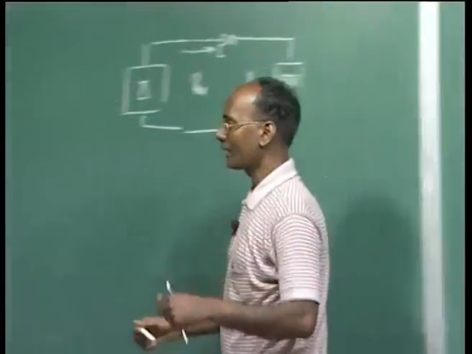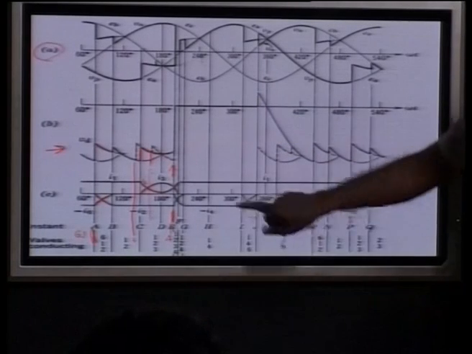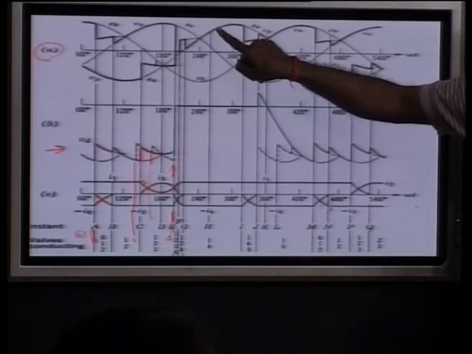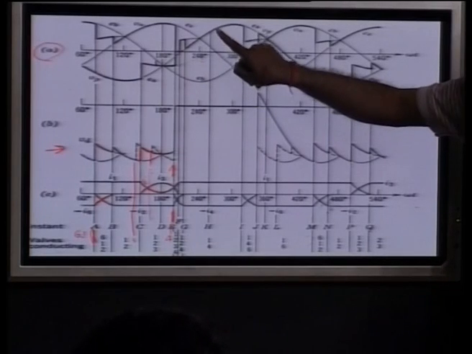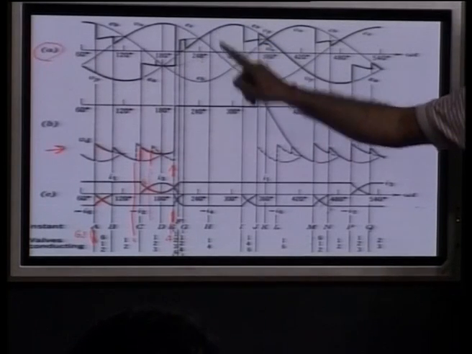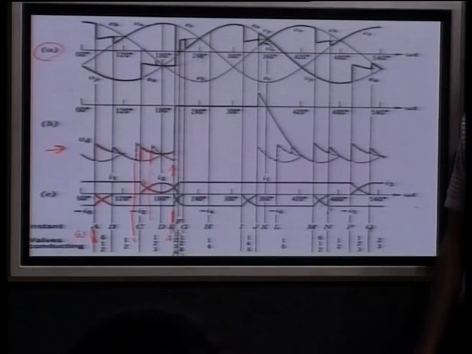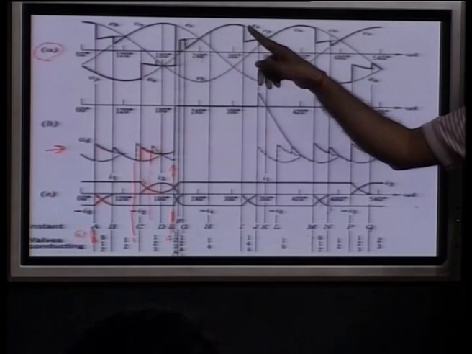Now you see what the voltage is at this point. Where is C? C minus this is negative, so it will be a negative voltage. From line to line also we can see, so it will not conduct at all.